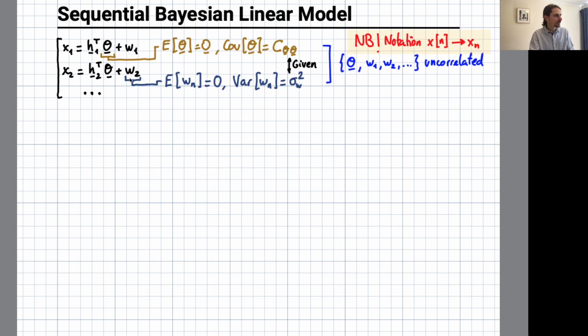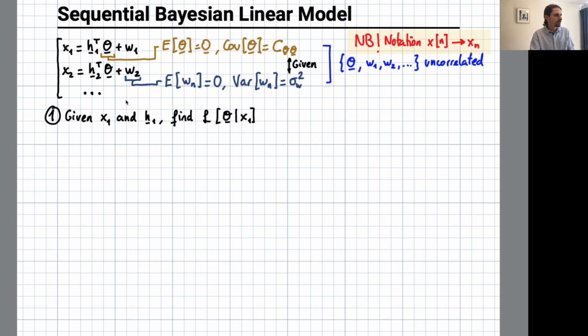The means will be assumed 0, as always, without loss of generality, and we will be given the moments of theta and the w's. Besides, we will be assuming that theta is correlated with all the noise samples, and all the noise samples are uncorrelated with each other.